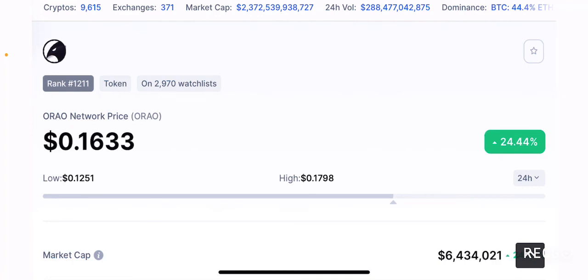They will probably try to test out Polkadot and probably be comfortable using Polkadot as well. And that's definitely going to drive the price of all Polkadot tokens into the stratosphere, including ORAO token, right?